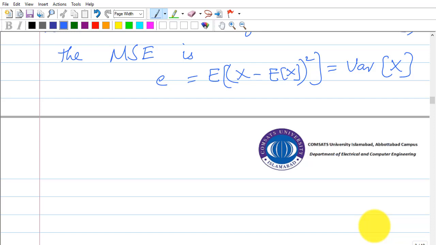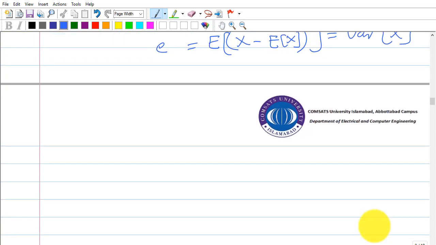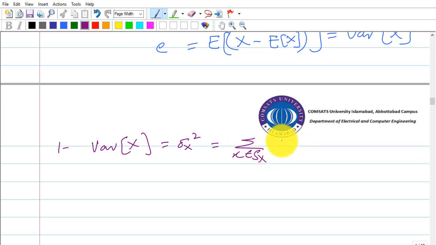We can find this variance by different methods. The first method is just using the theorem we have seen, I think theorem 3.10. It says sigma x square is the summation over x in the range of x of x minus mu x whole square p x of x.